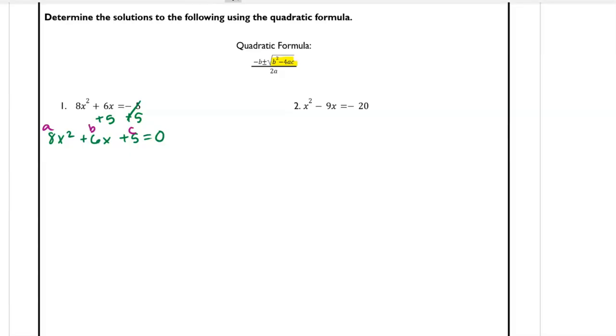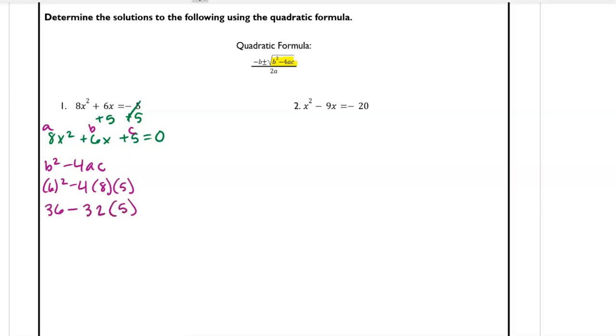So the discriminant, right. Our discriminant is B squared minus 4AC. So B is 6, A is 8, and C is 5. 6 times 6 is 36. 4 times 8, 16, 32.